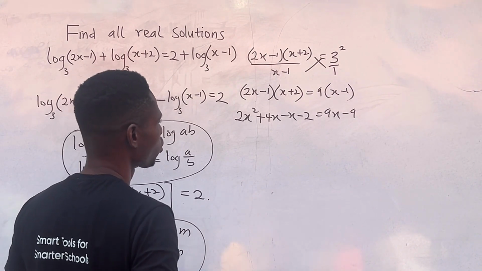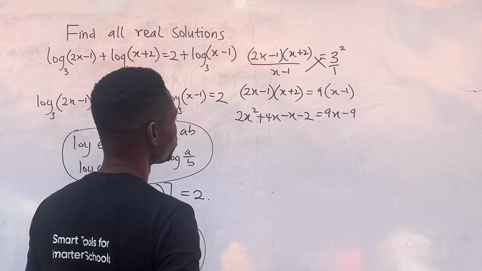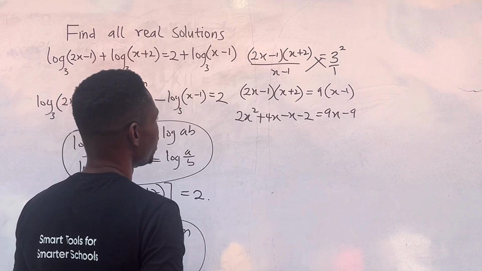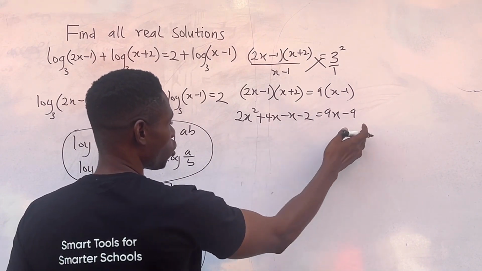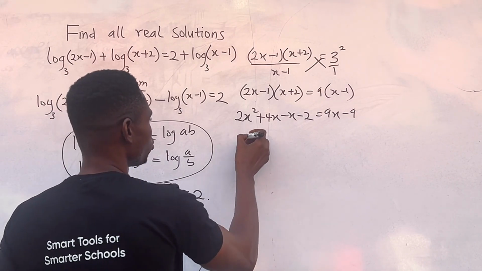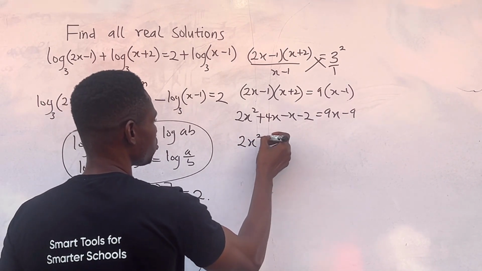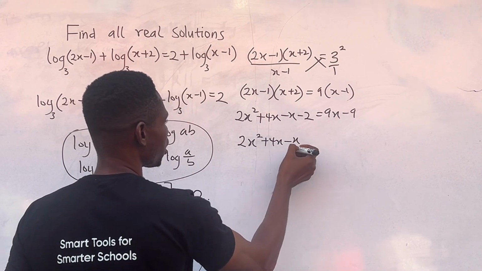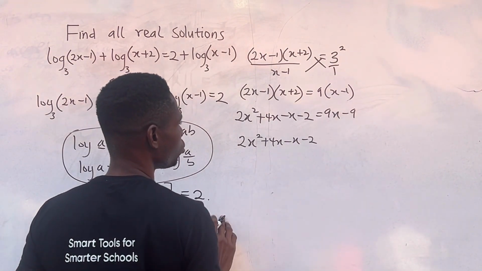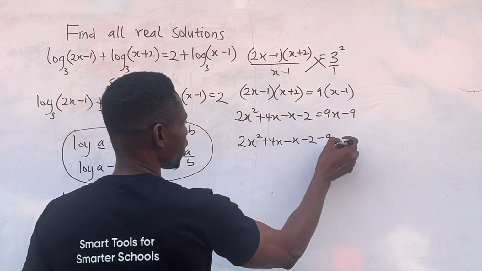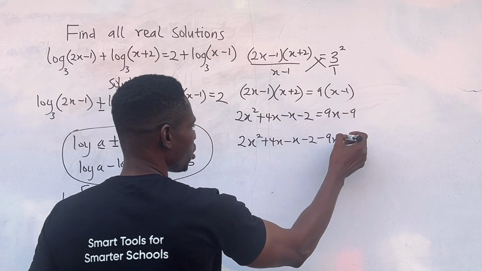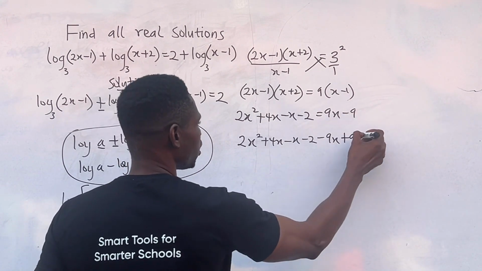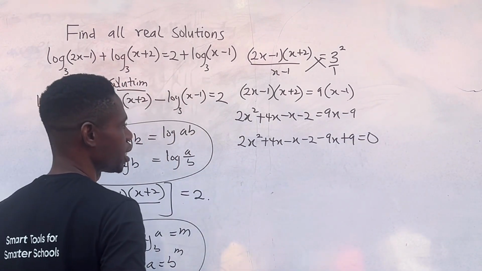Okay, so this is looking quadratic. Let's rearrange to make it more familiar. So let's bring all the items here, so we have equal to 0. So we have 2x squared plus 4x minus x minus 2 minus 9x, because 9x becomes minus 9x over here. Then minus 9 becomes plus 9 over here, equal to 0.